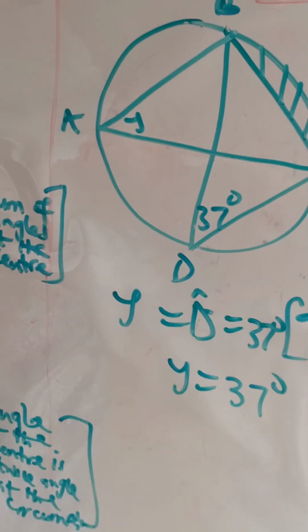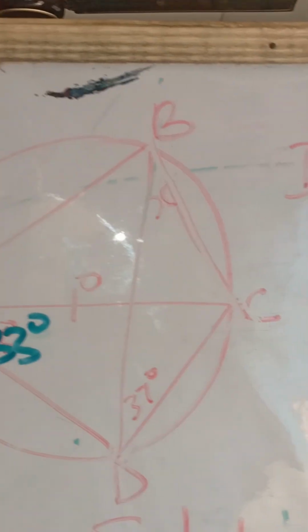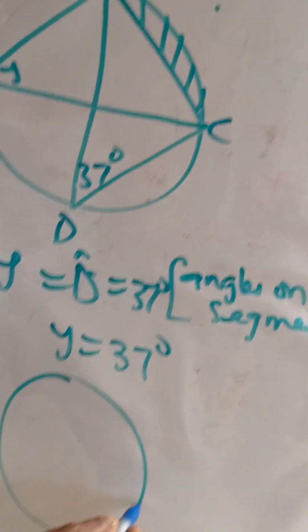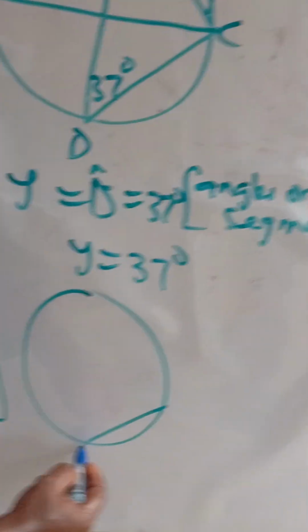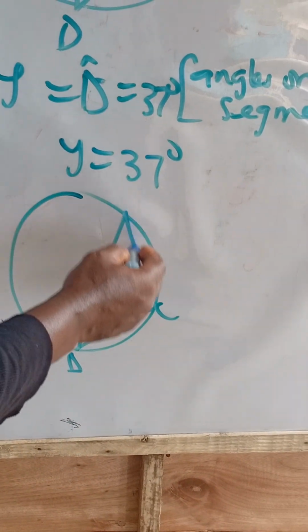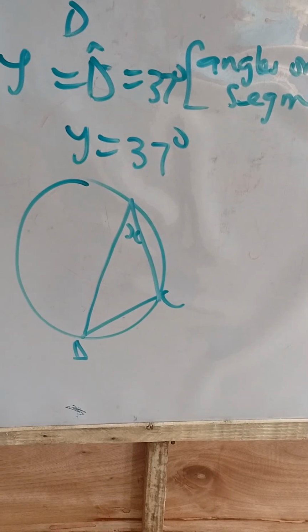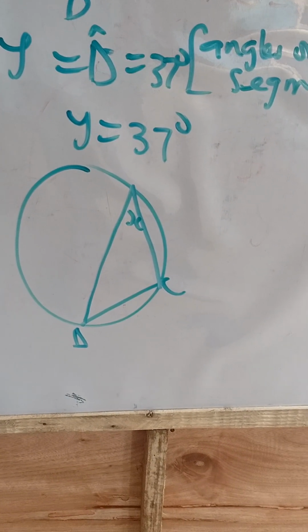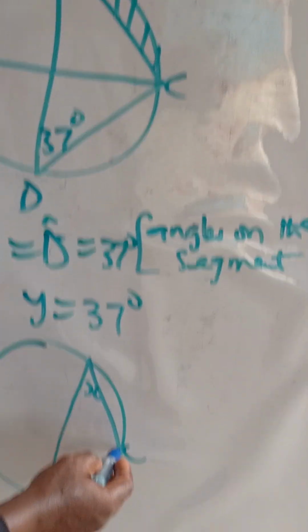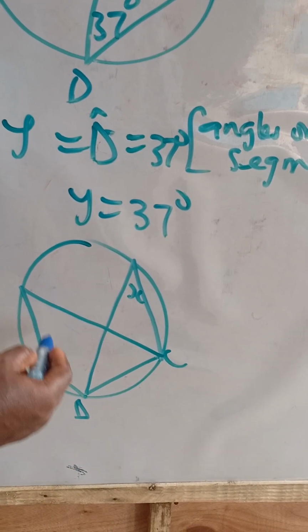Now let's check X as well. If you look at that, X is also resting on which chord? You can draw it again. We have chord DC, and we have this angle X resting on it. Is there any other angle resting on DC? Yes. I can see the angle that comes from the center and goes like this.